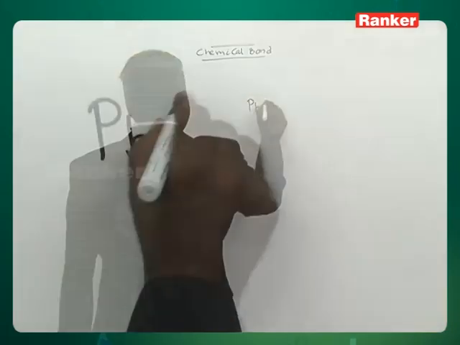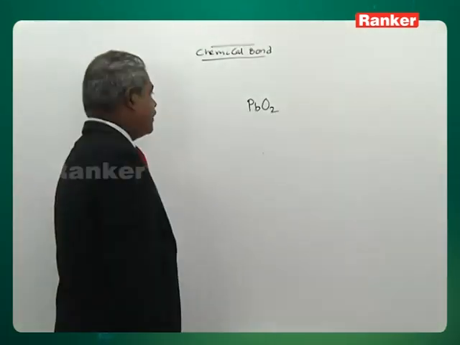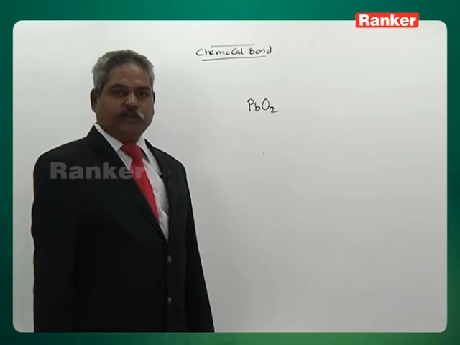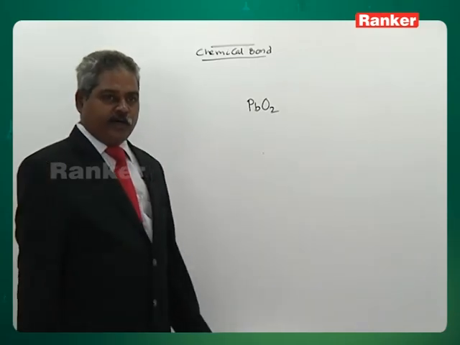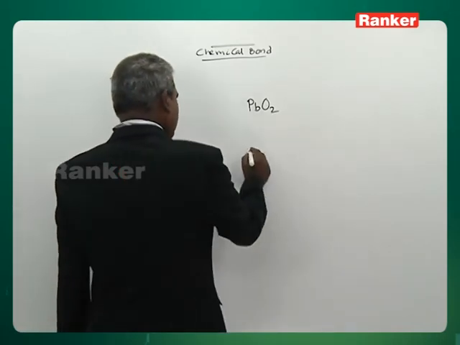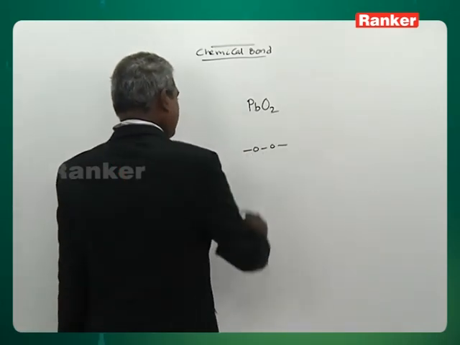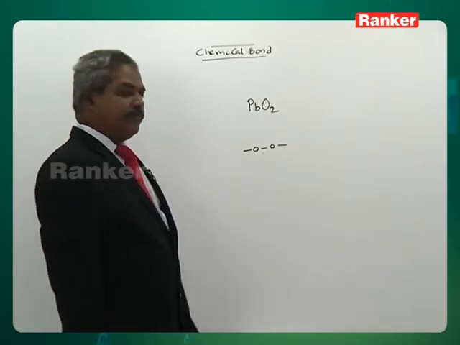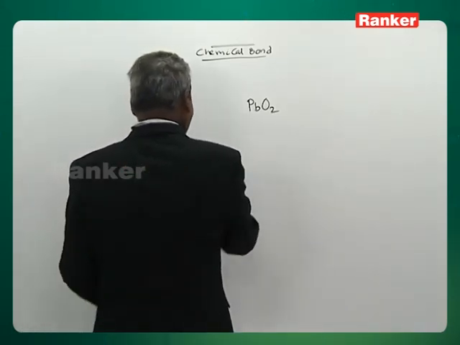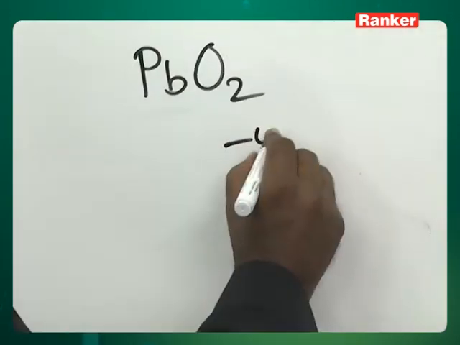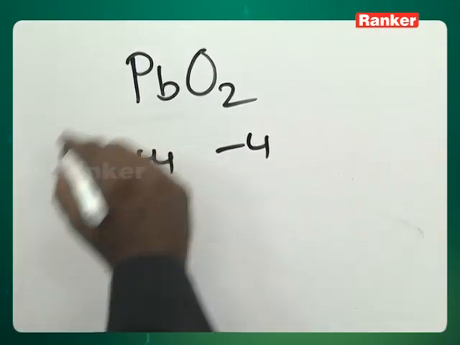PbO2. It was also called lead peroxide. In the old days it was called lead peroxide, but strictly speaking, it is not a peroxide. Because if it is a peroxide, it contains an oxygen-oxygen single bond. There will be one bond between oxygen and oxygen. Okay. PbO2. Give minus 2 to oxygen, minus 4. Lead, plus 4.